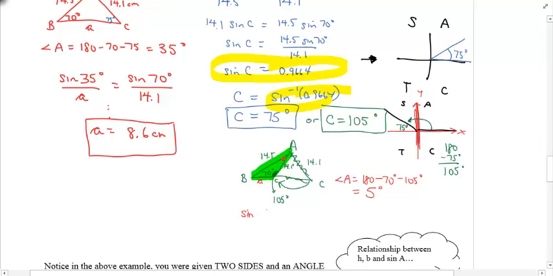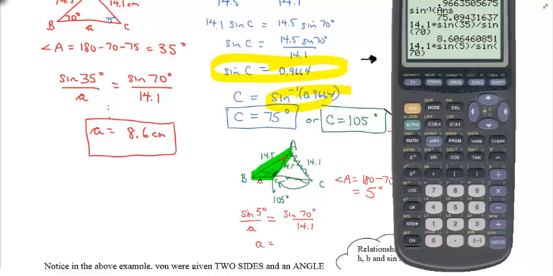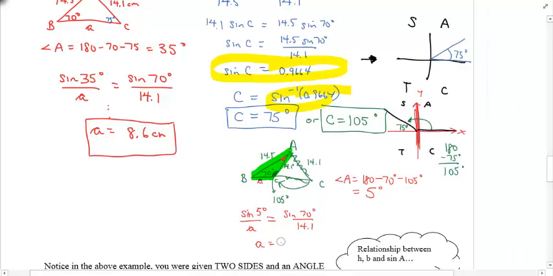Sine of 5 degrees over little a equals sine of 70 over 14.1. Do your cross multiplication business and get a in this case. 14.1 times sine of 5 divided by sine of 70. Whoa, a measly 1.3 centimeters. But also correct.